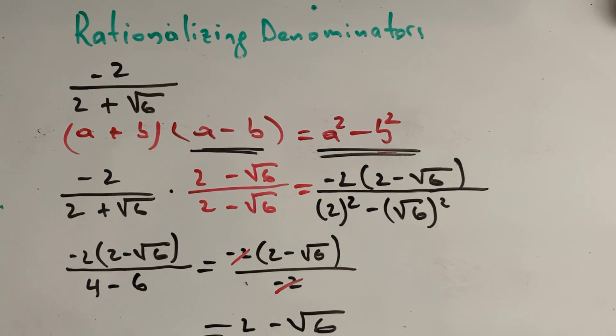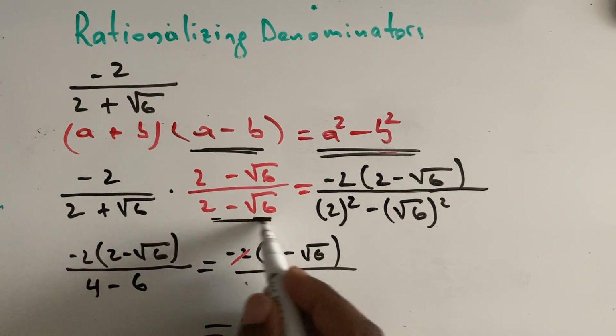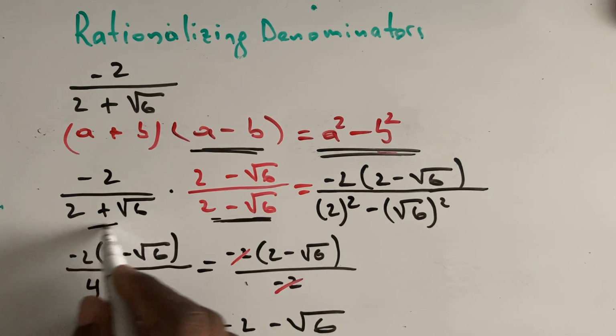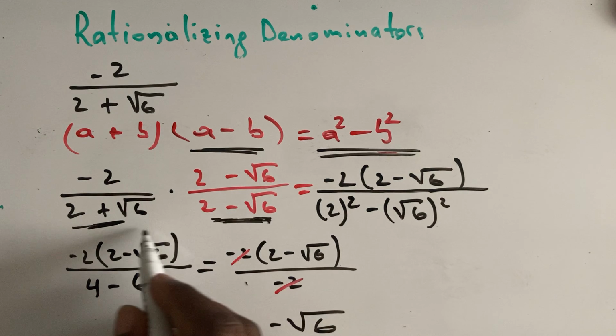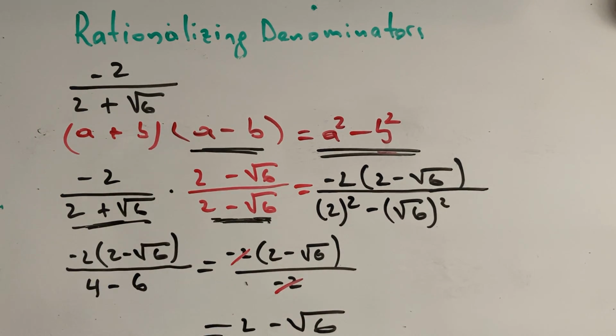And as you can see, there's no denominator now, so you don't have a radical in the denominator, and this is rationalized, okay? So this is what you do to rationalize denominators. By the way, this part I just multiplied by is called the conjugate of what you had here, the conjugate, okay?